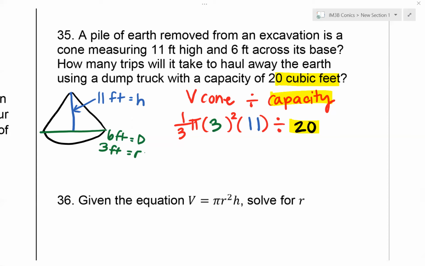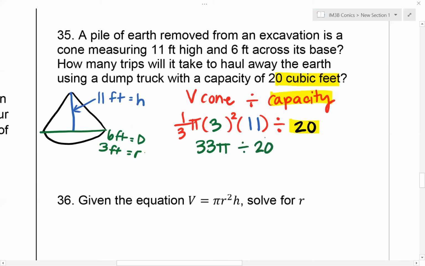So we're doing pi divided by 3 times 9 times 11. So I'm going to just start with, if we simplify this, this is 33 pi, and we're still going to divide that by 20.